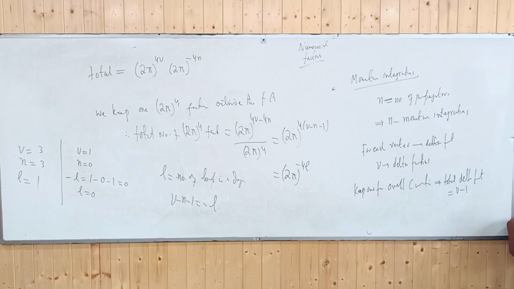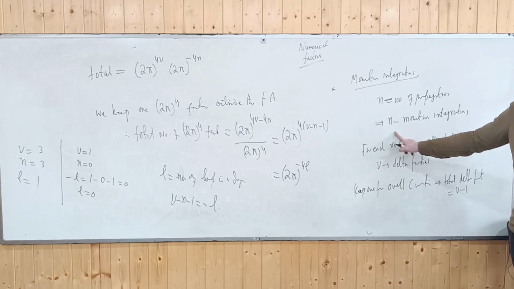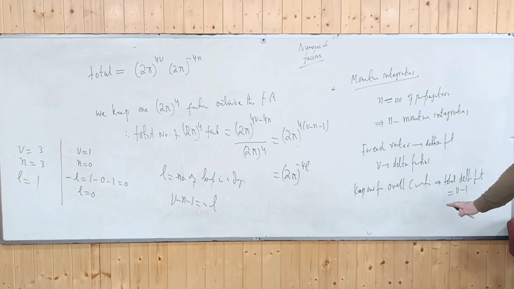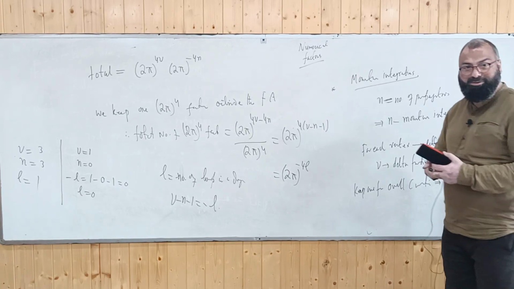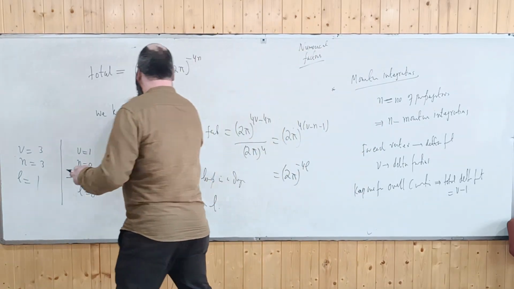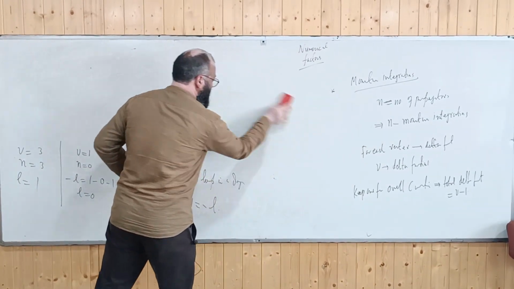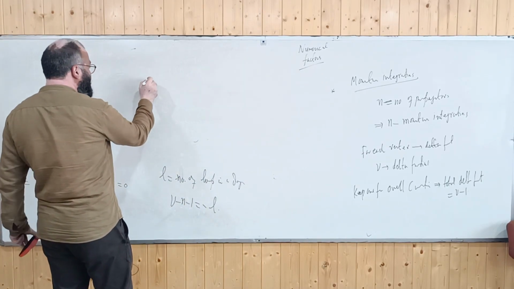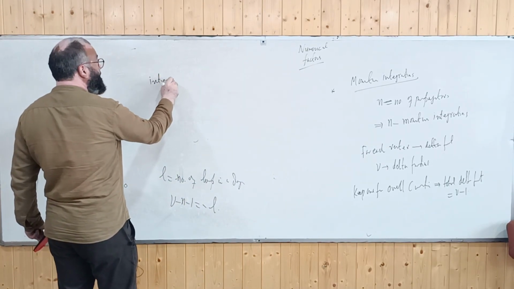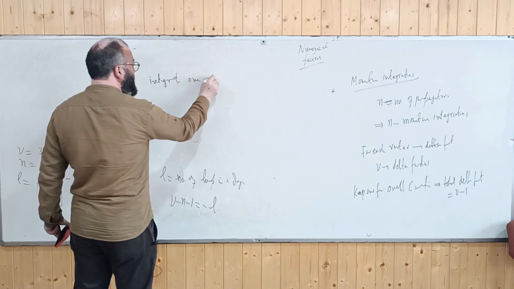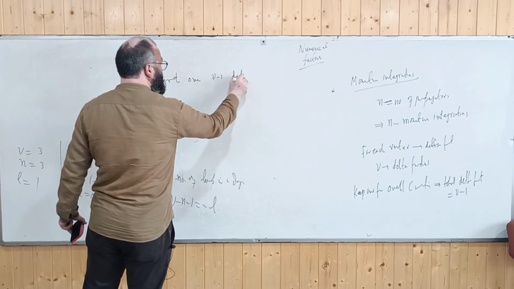Now, you have N momentum integrations, and you have to integrate over the delta functions. How many are those? V minus 1. So let's integrate over V minus 1 delta functions.